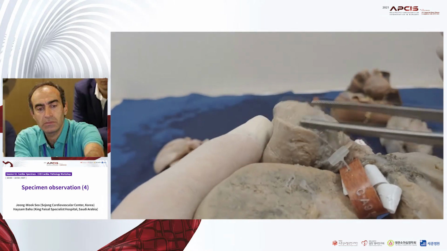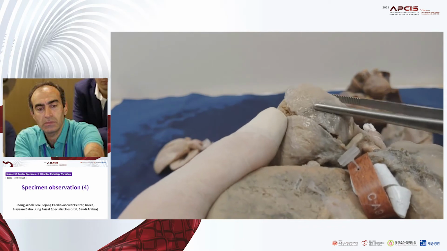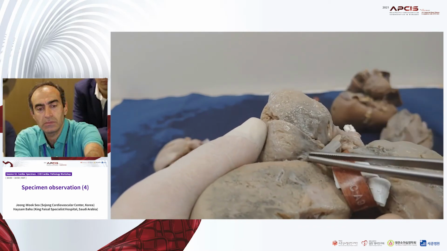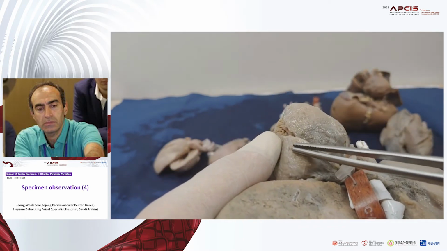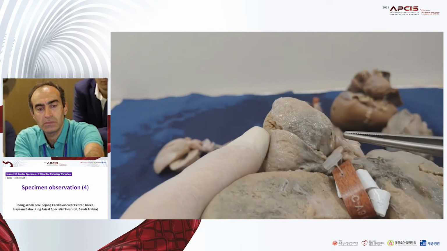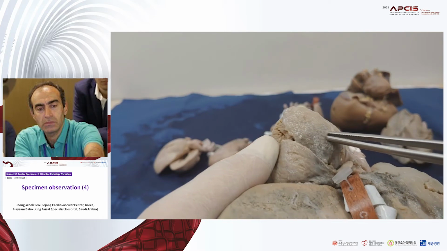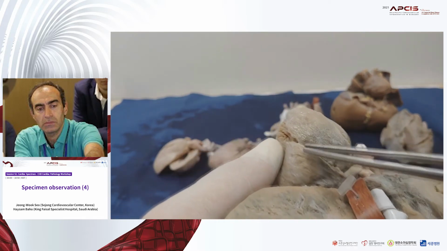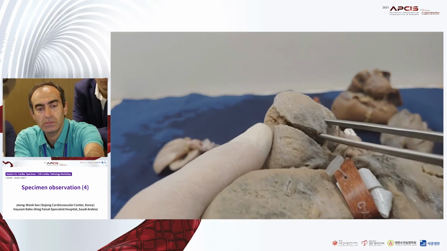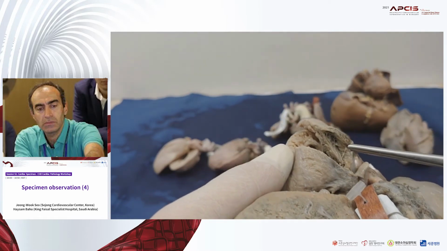Now, if we look externally from the inferior surface of the heart, we can see the posterior descending coronary artery, the left posterior descending, and the left anterior descending, both of them demarcating the left ventricle.